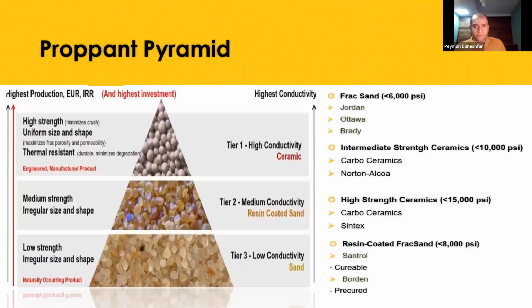So sand is smaller than 6,000 psi stress, intermediate is smaller than 10,000 psi, high stress is between 10,000 and 15,000, and resin-coated is about 8,000 to 10,000 psi, maybe lower and maybe approximately more. And this is the pyramid of the proppant. You can see that when we have low conductivity, we have sand, medium conductivity, resin-coated sand, and high conductivity, we have ceramic, because ceramic has good sphericity and roundness.